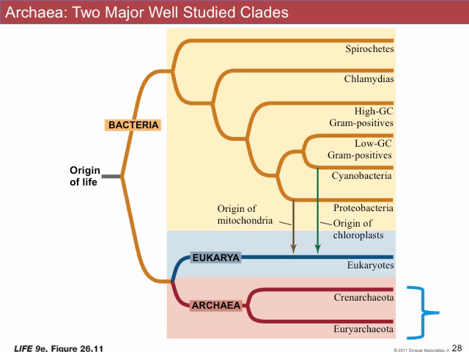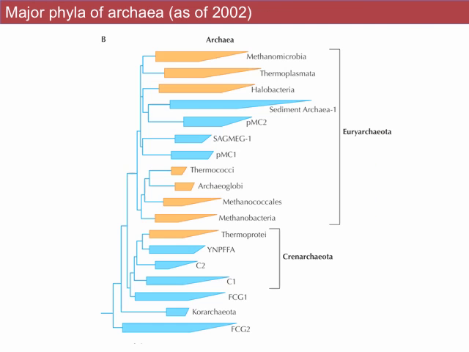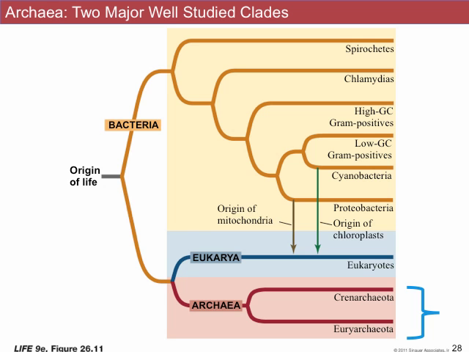The branching order here is still the subject of much research and is not entirely clear. Most of the lines of evidence really do suggest that low GC gram-positives and high GC gram-positives are sister taxa, not like it's shown in this tree. And again, that gram-positiveness evolved once in the lineage leading up to the common ancestor of those two. But the branching order here is unclear, and you don't have to know anything about it.